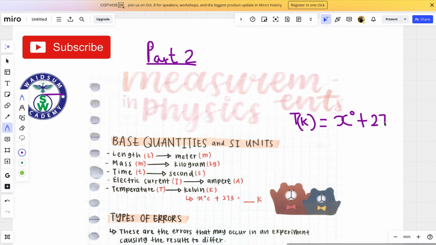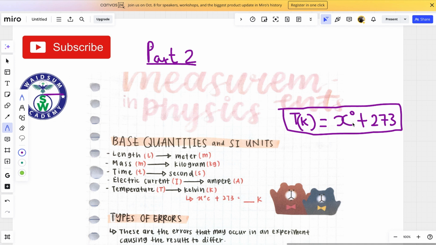So this is the formula for converting temperature in degrees Celsius to temperature in Kelvin. In place of X, you can put T Celsius.